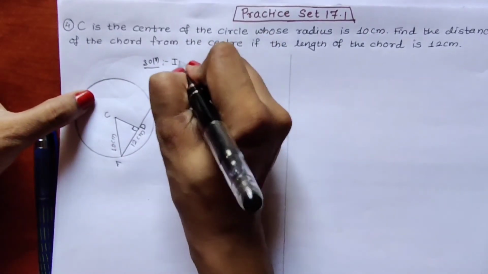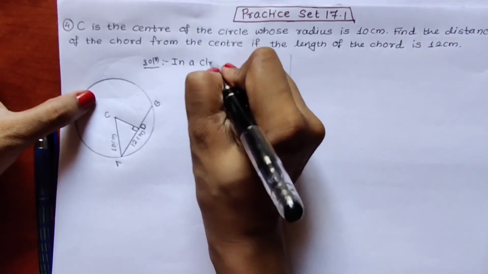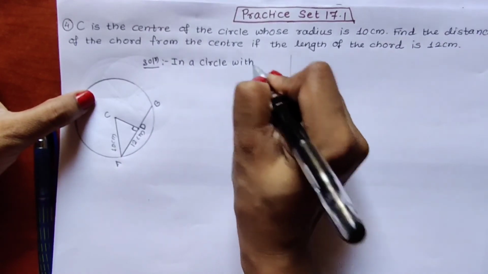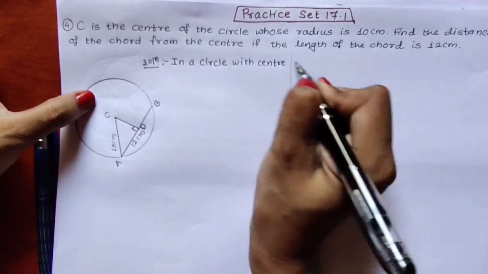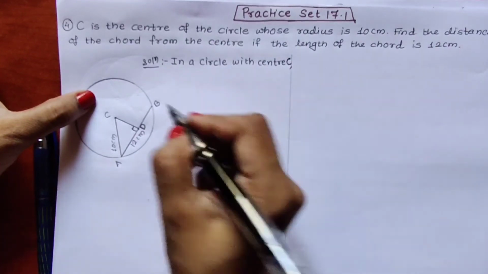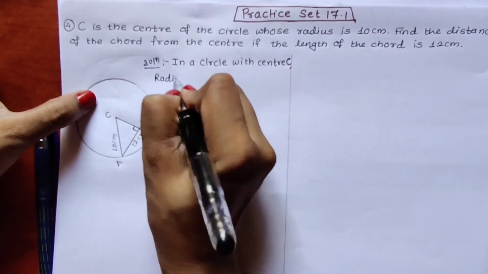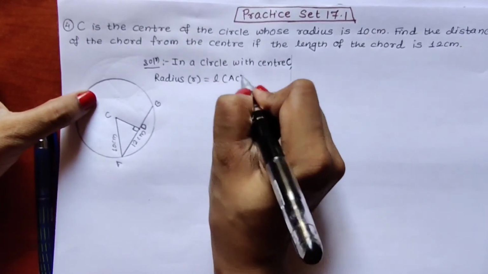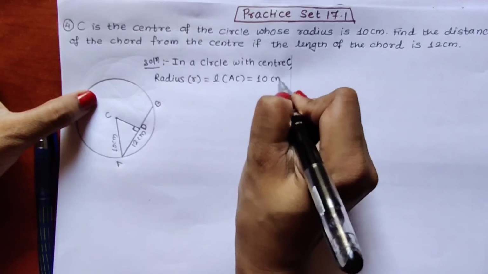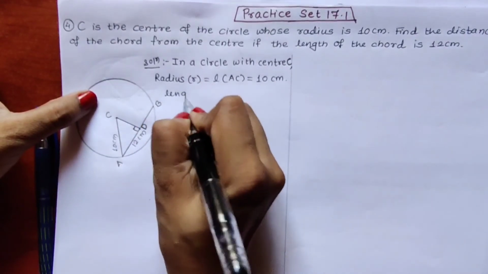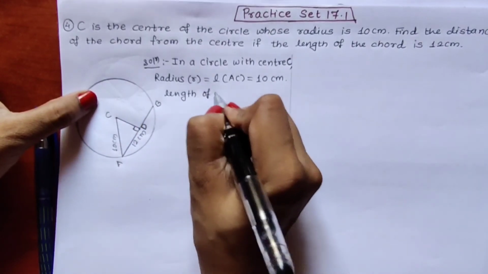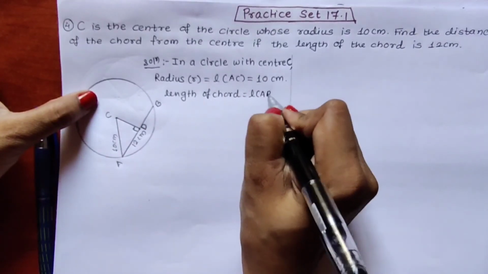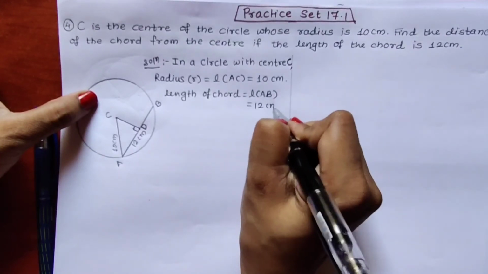So let us start our solution. In a circle with center C, radius R, which is length AC, is equal to 10 centimeter. Length of chord AB is equal to 12 centimeter.